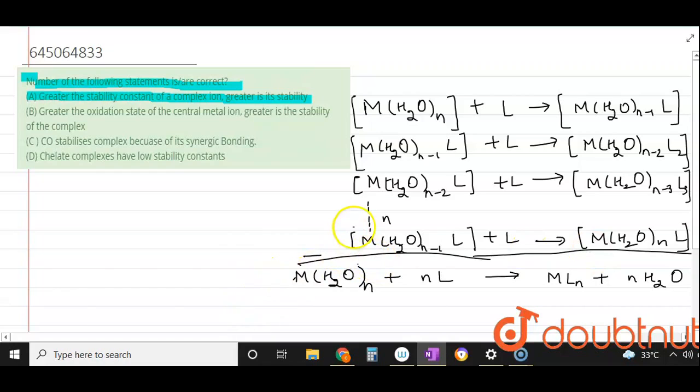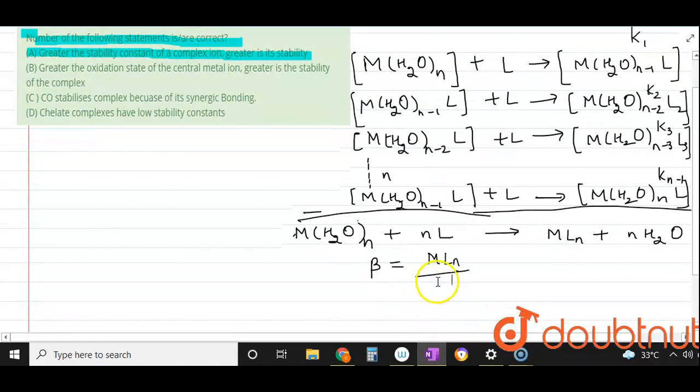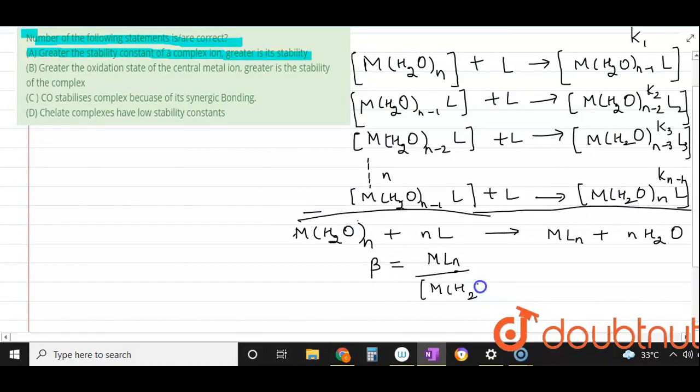Now, if we name the stability constant here as K1, here as K2, here as K3, here as Kn-1. So in the final step, the stability constant will be beta, and beta is equal to this thing, right?